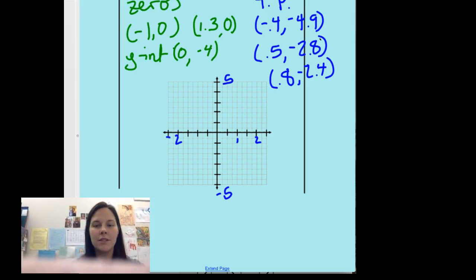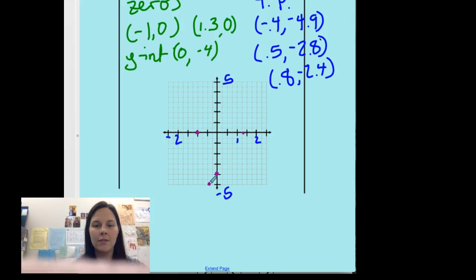So plotting my zeros at negative 1 and about 1.3. And then I had a y-intercept at negative 4. My turning points, negative 0.4 and just about to negative 5. And then I had those points where a little something was happening. It looked like it was kind of wiggling a little bit.